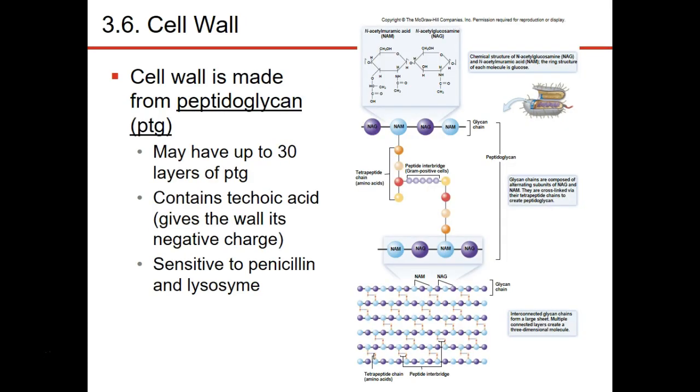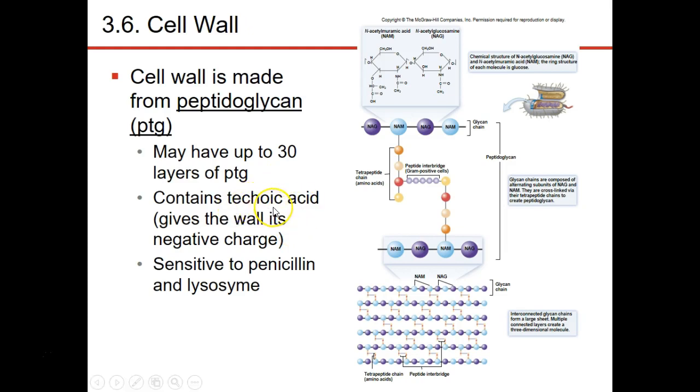So peptidoglycan is a protein-carbohydrate layer. And you can see what peptidoglycan kind of looks like here. In gram-positive bacteria, there are about 30 or more layers of peptidoglycan, whereas in gram-negatives, there are only a few layers.